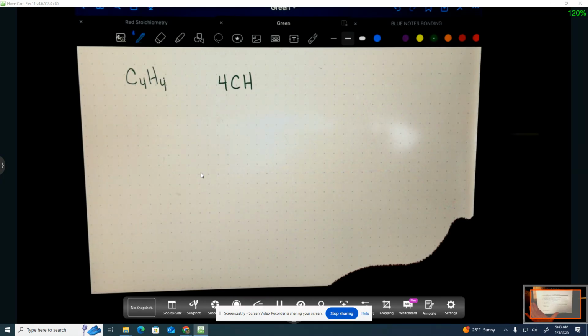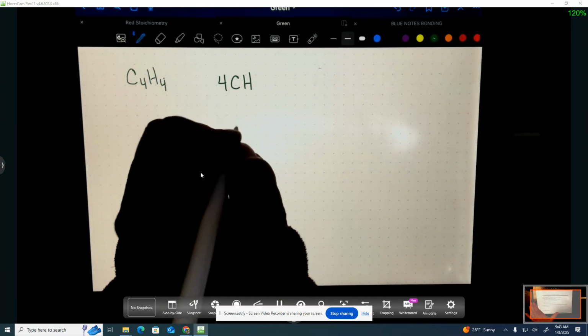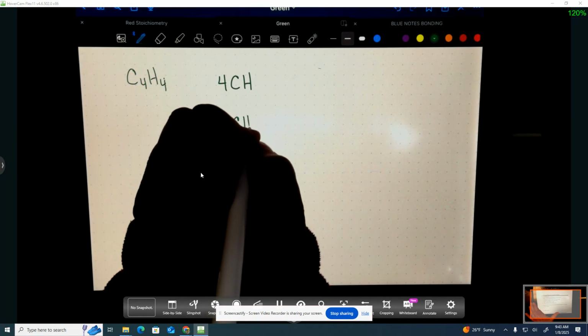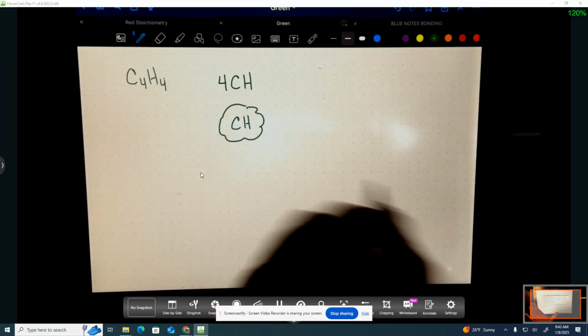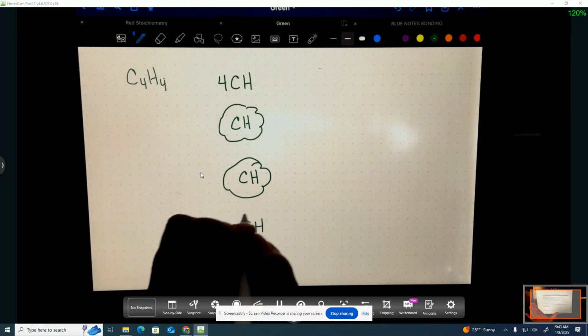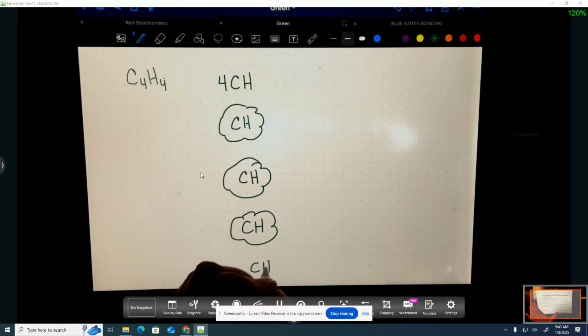For the one on the right, it's not one group that has 4 carbon hydrogen. It's 4 groups of a carbon and hydrogen. Good. So you have CH, and you have CH, and you have CH, and you have CH.